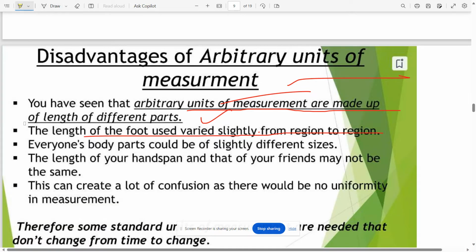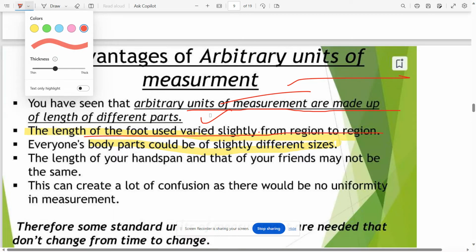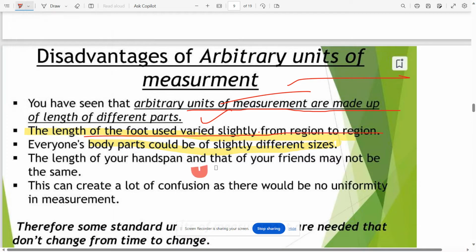Everyone's body parts could be of different, uneven sizes, like I told. The length of your hand span and that of your friends may not be the same.